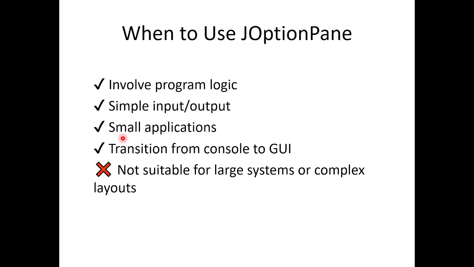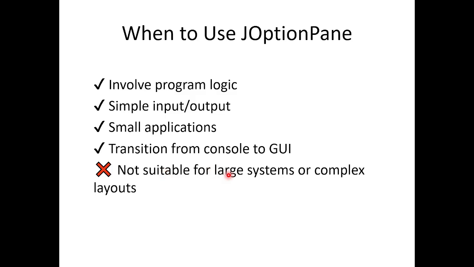You can only use this for simple functions, simple outputs in the user interface. And what you learn in the concept program, you can transform it into the GUI. Since it works with small applications, of course it is not suitable for large systems.